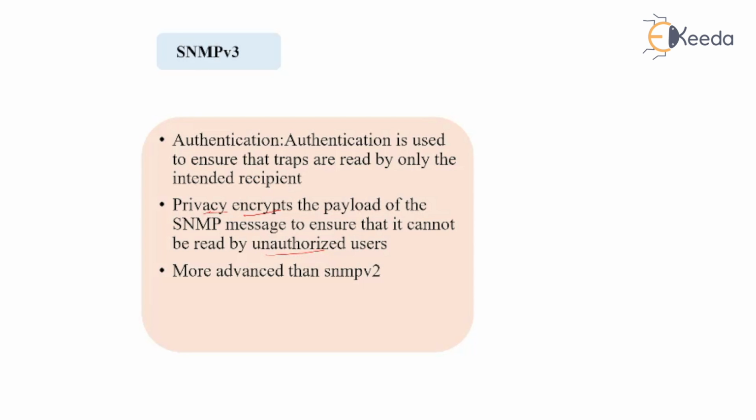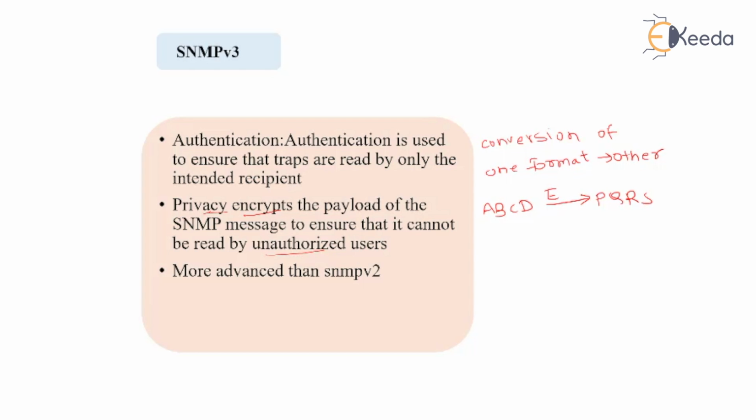But what does encryption mean? Encryption is nothing but conversion of one format into another. Suppose our input is ABCD, then with the help of the process of encryption, you can change that into PQRS.